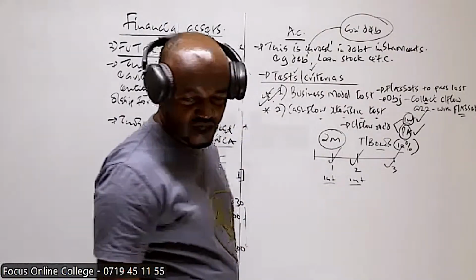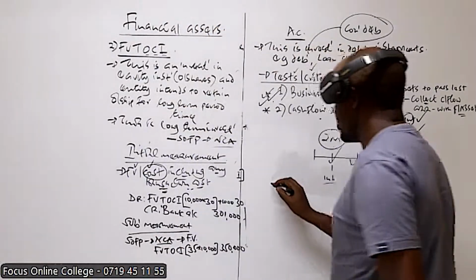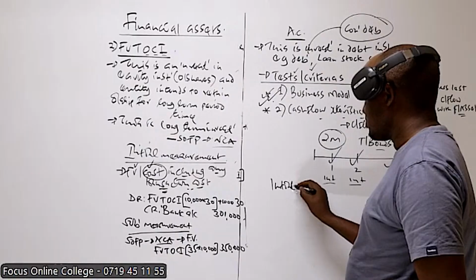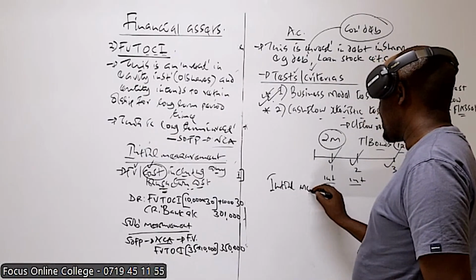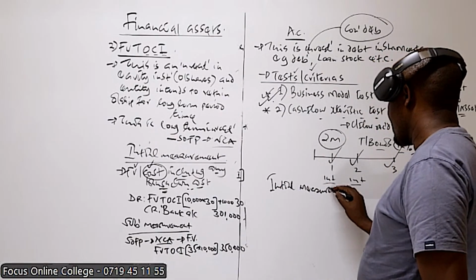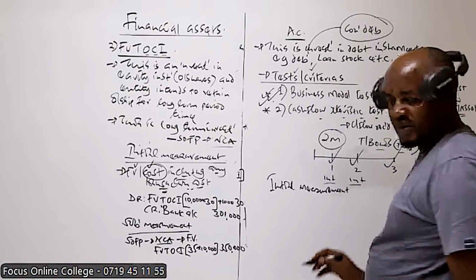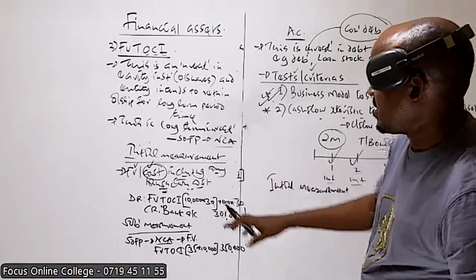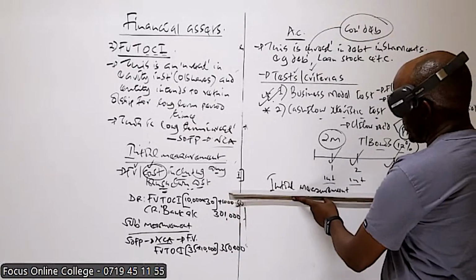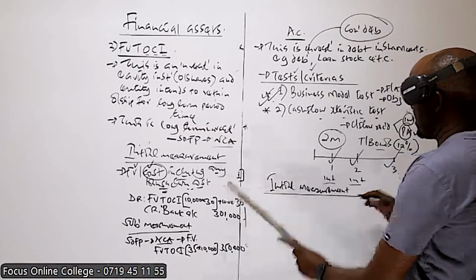Now, what is the initial measurement? The initial measurement is the same as the financial asset at fair value through other comprehensive income.